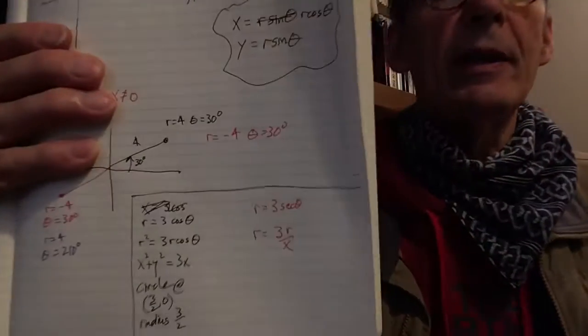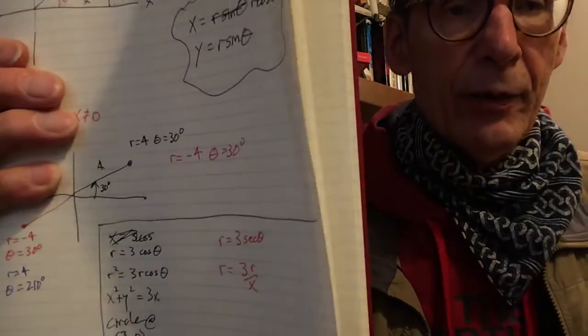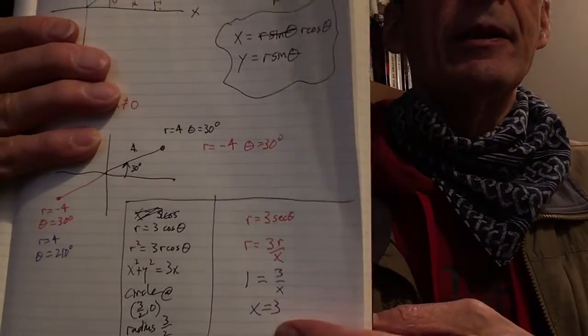Don't forget the 3. And now the r's cancel. We know r is not 0, so the r's are going to cancel, and what we're left with is 1 is 3 over x, or x is equal to 3. And so this secant is a vertical line.